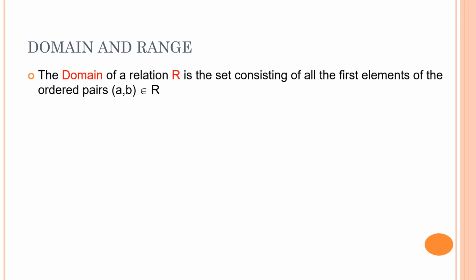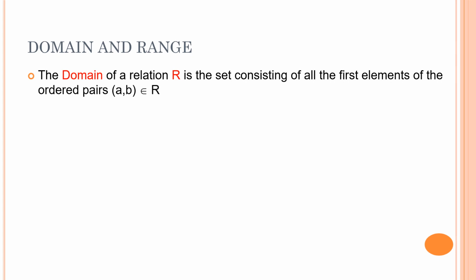Now, every relation has two basic properties. Every relation can have a domain and a range. The domain of a relation R is the set consisting of all the first elements of the ordered pairs (a, b) belonging to R. As we have seen, every relation is a set of ordered pairs where the first element is coming from the first set and the second element is coming from the second set.